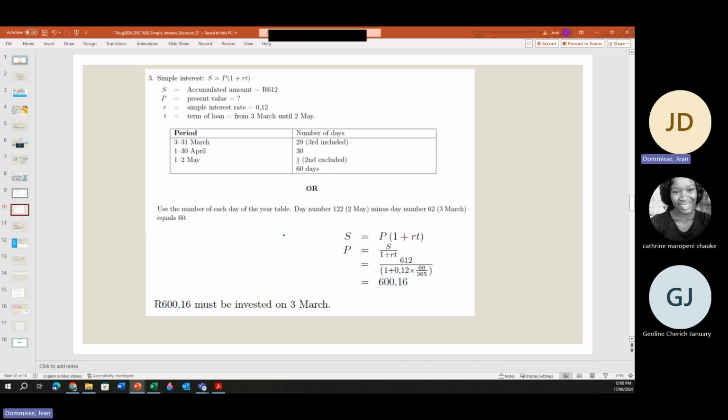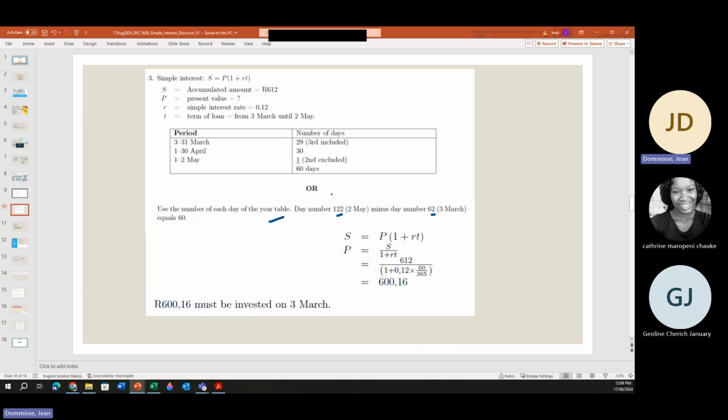Okay, so again, I think I have added the formulas in for you, or how to work it out. Here you can also see I used the table to get 2nd May is 122. The 3rd of March is 62.